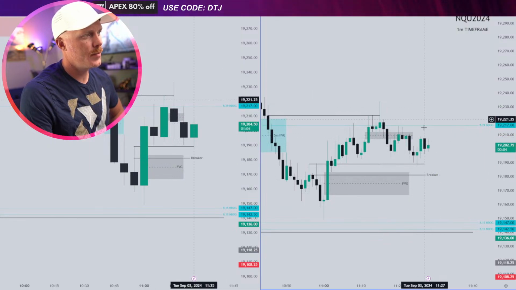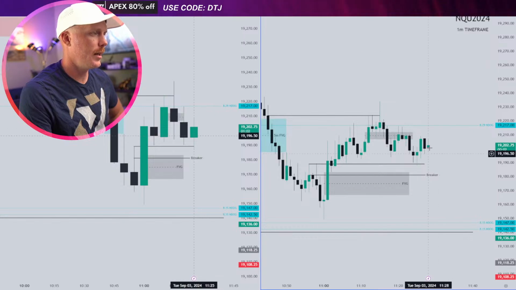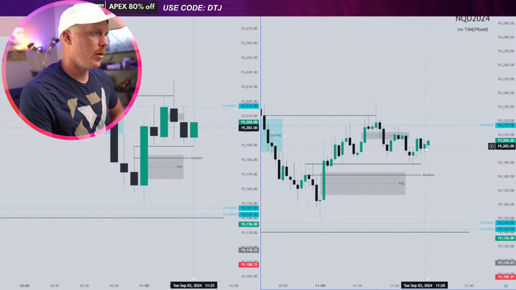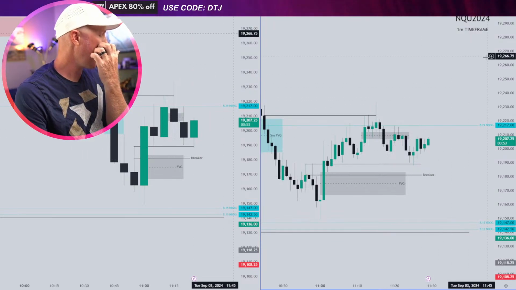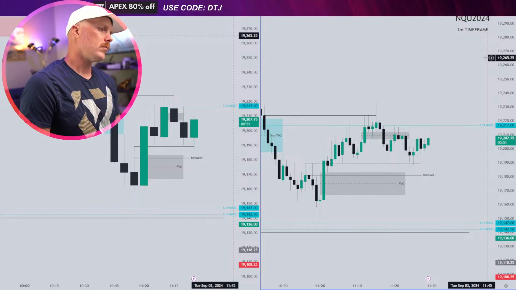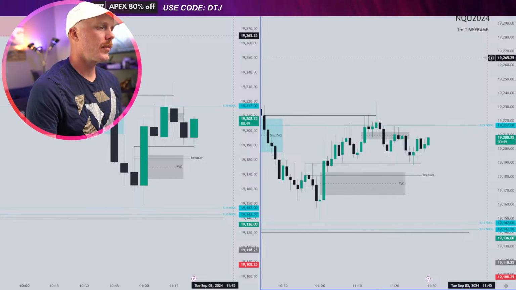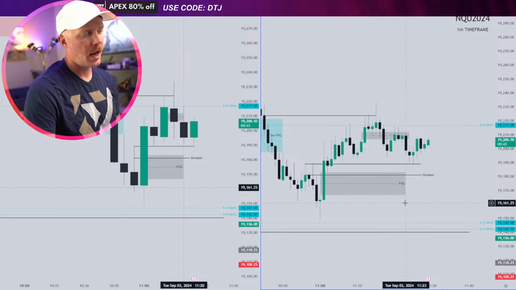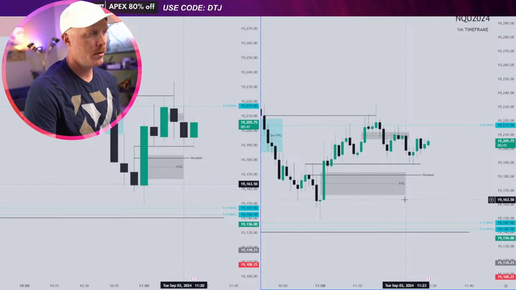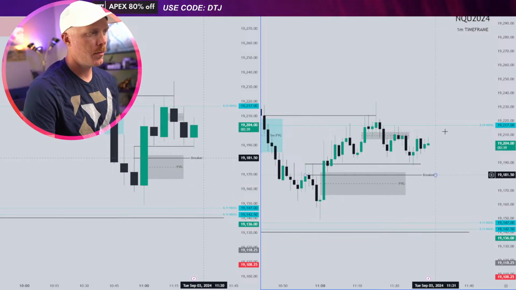If we just get an explosion higher right here, I'll probably call it a day, guys. So that's kind of what I'm looking for. Either we explode higher so I can stop streaming, or we come down here for an opportunity to go long. We can also use this fair value gap as a way to go short, so this is an option as well. I'm open to both sides. Prefer the breaker to the upside.